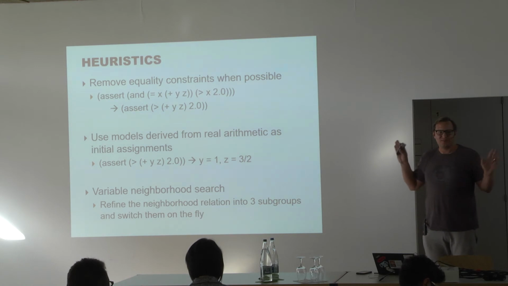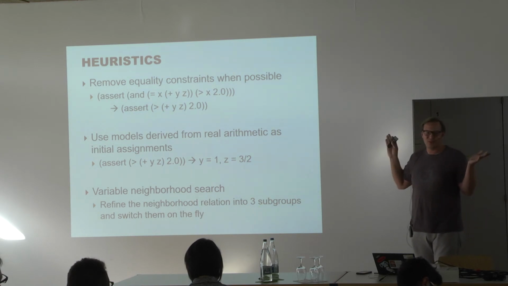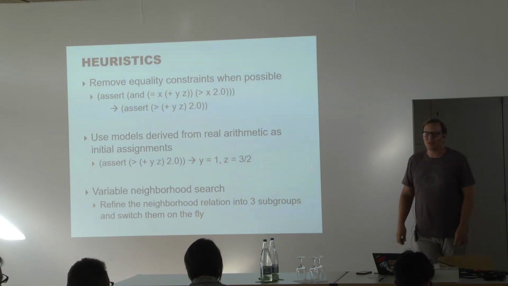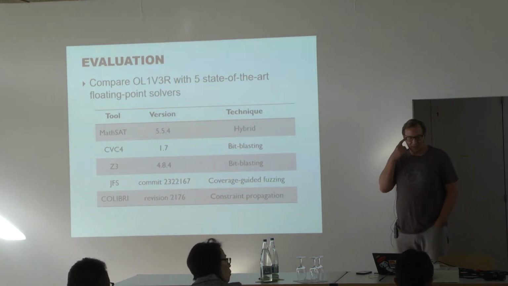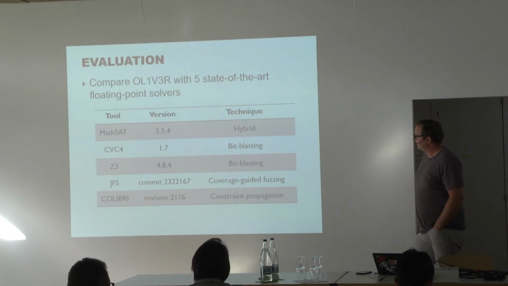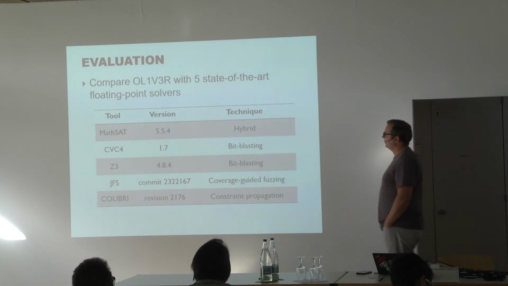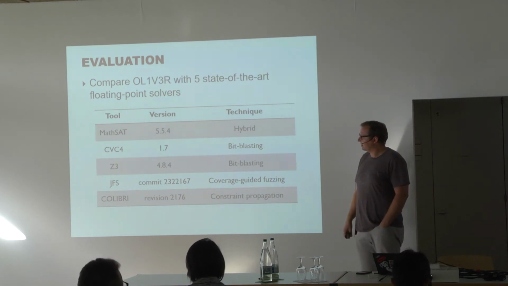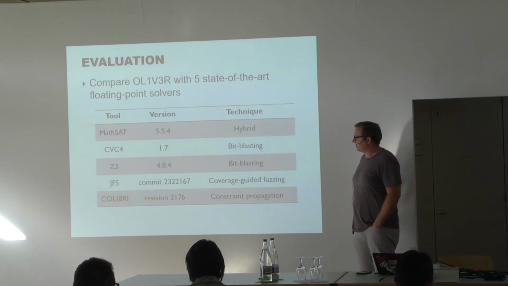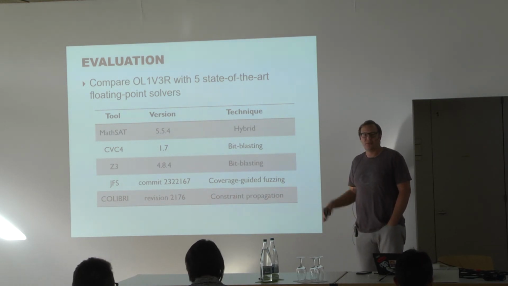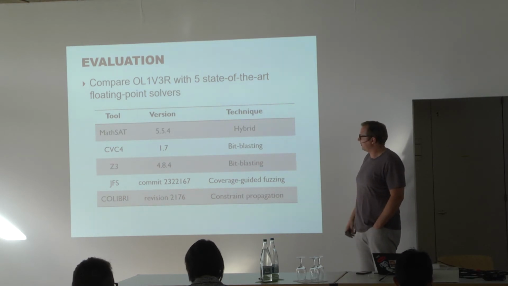So the main thing that matters in this space is, of course, the evaluation. It's all about being faster and more scalable than other tools out there. So we did a pretty extensive evaluation of the prototype tool that implements this. We compared our tool with a number of other ones that support solving formulas in the theory of floating points.